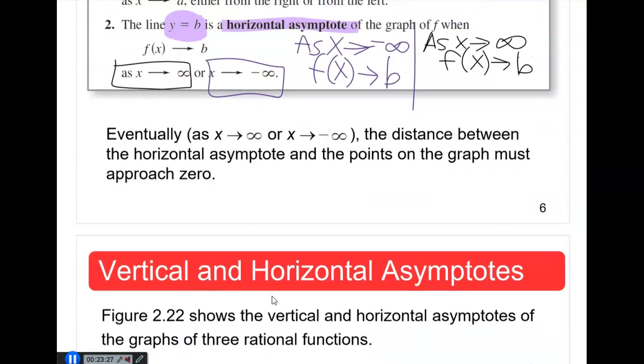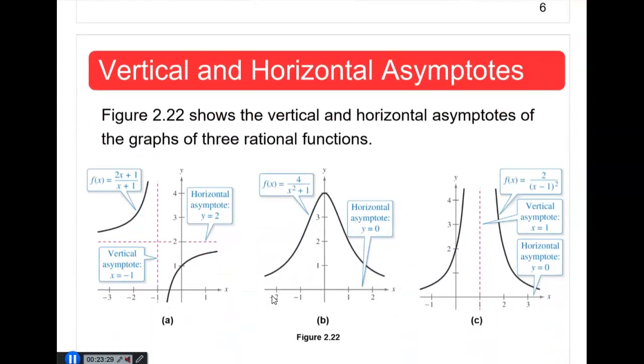Okay, so let's move on from here, and we have here some examples of vertical and horizontal asymptotes. So for example, here this function has a vertical asymptote there because x cannot be -1.